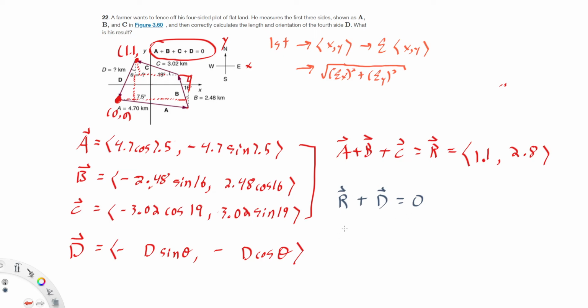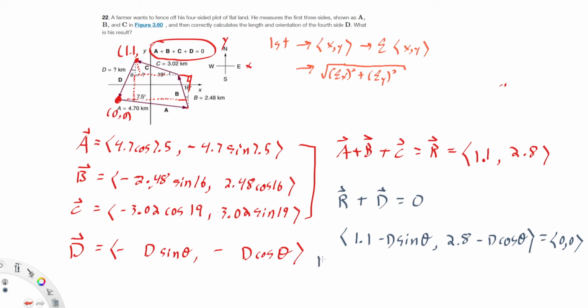So R plus D is going to be 1.1 minus D sine theta in the x direction, and it'll be 2.8 minus D cosine theta in the y direction, and it's going to equal 0, 0. So this gives us two unknowns, D and theta, but also two equations, one for the x direction, one for the y direction.